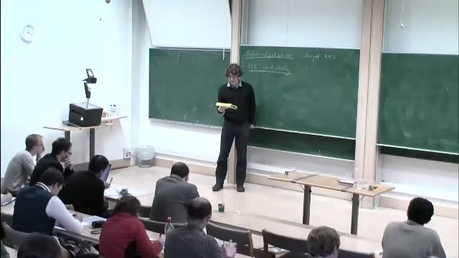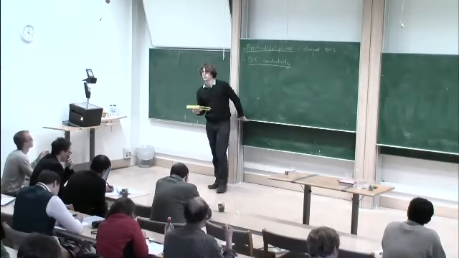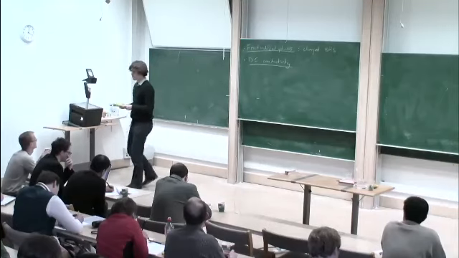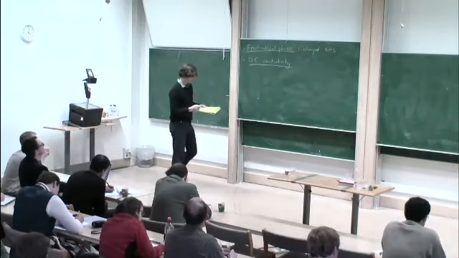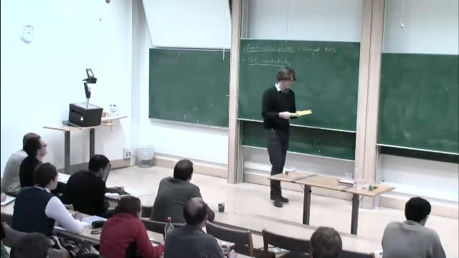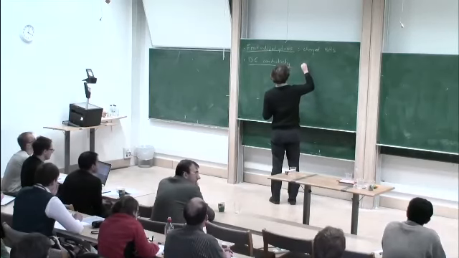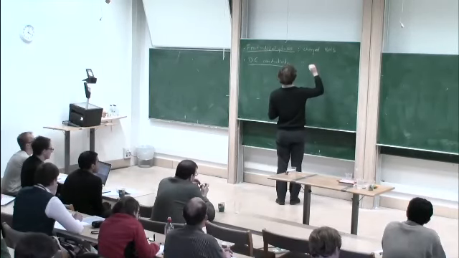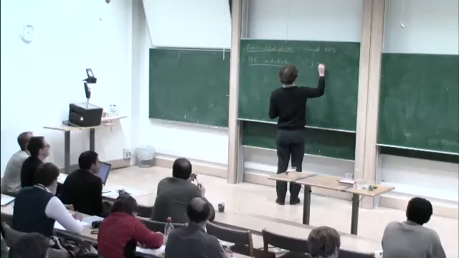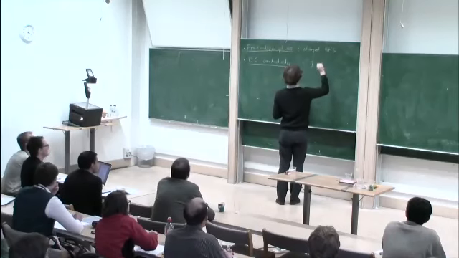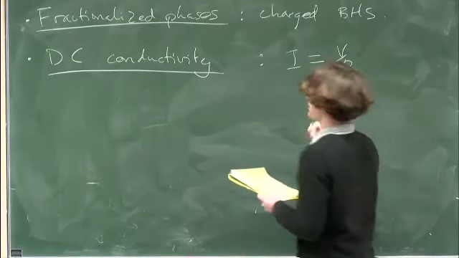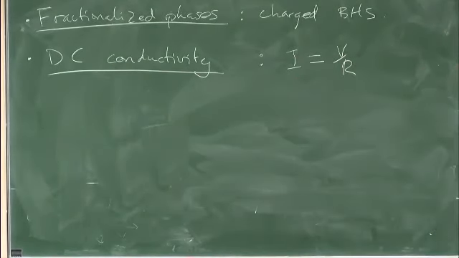The DC conductivity is a very simple observable. It's the thing that appears in Ohm's law as we learnt it in school a long, long time ago. The current is voltage divided by resistance, something like that.